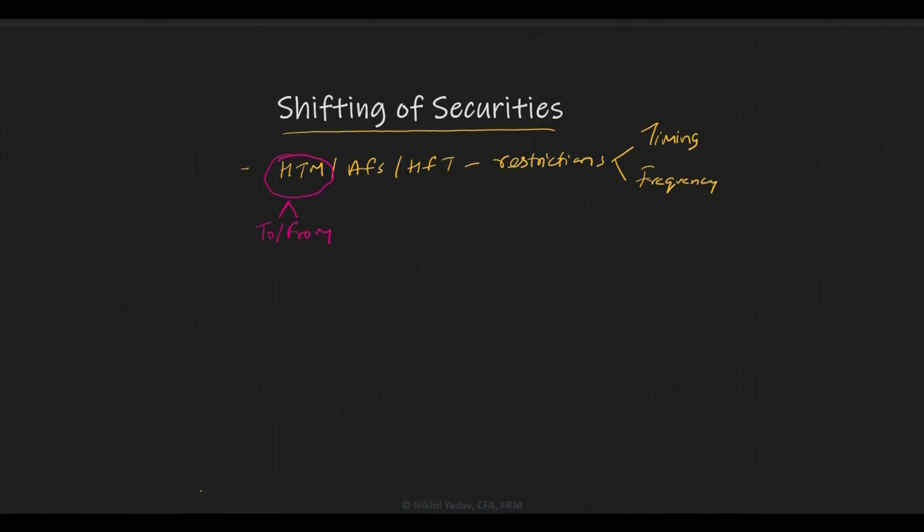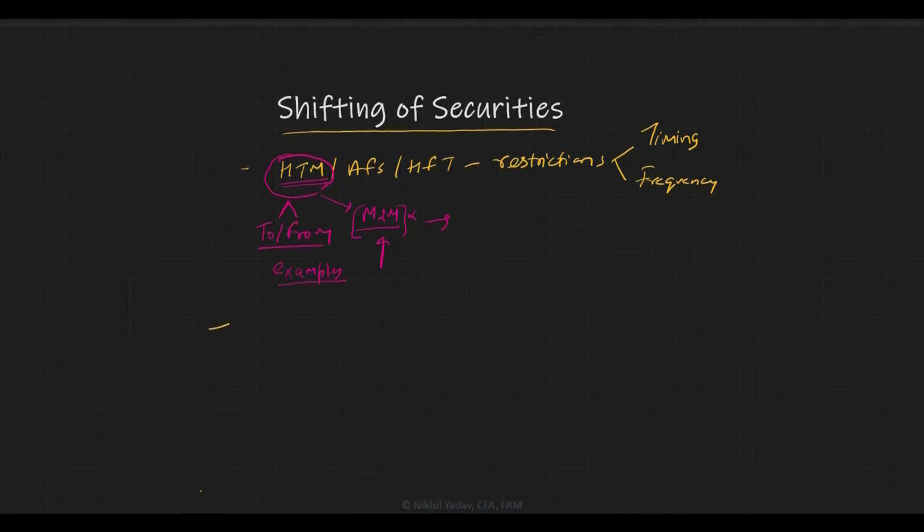And why is that? Because HTM categorization offers a unique benefit of immunity from mark to market. So there is no mark to market that we need to do on the HTM. So the banks try to take advantage of this unique feature, and while doing so they violate several guidelines. We'll see what kind of advantages they try to take by shifting of securities to and from HTM via examples.